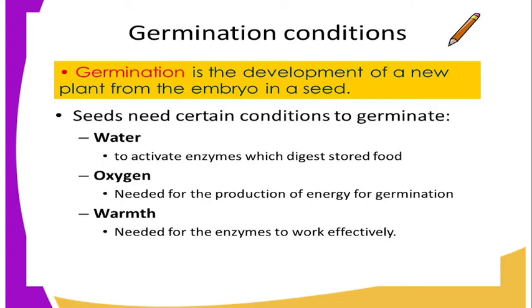The next thing we require is oxygen. Oxygen is needed for production of energy. And then the third one is warmth. We need warmth because enzymes work efficiently when there is optimum temperature.